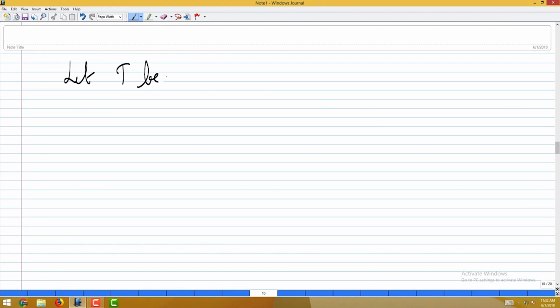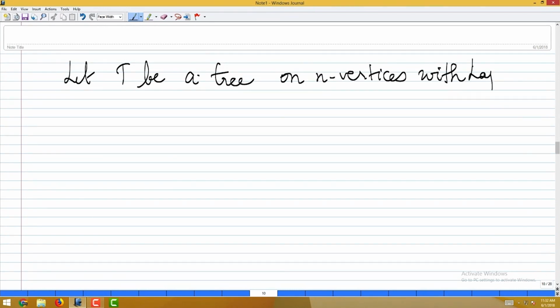So, again let us start with, let T be a tree on n vertices. So, this is kind of our standard statement for today. Let us talk about the Laplacian matrix. Okay, let me call it L of T. Okay.